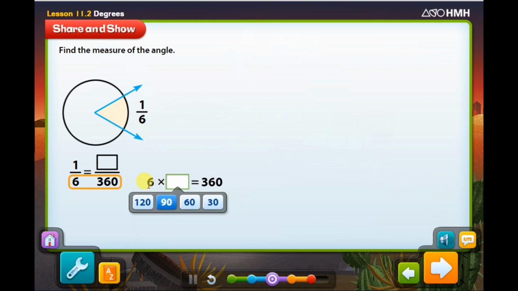So you should multiply 6 by 60 to give you 360. And you can't multiply the denominator without multiplying the same number with the numerator. So you should multiply down by 60 and up also by 60. Great! 6 times 60 equals 360.